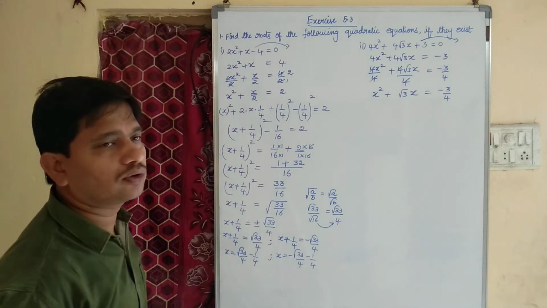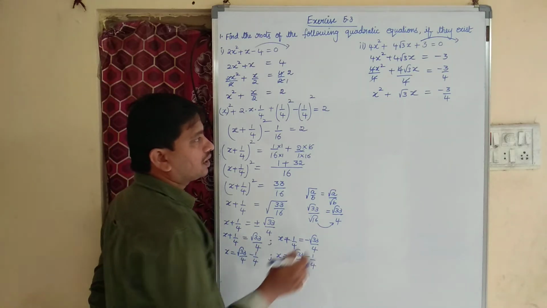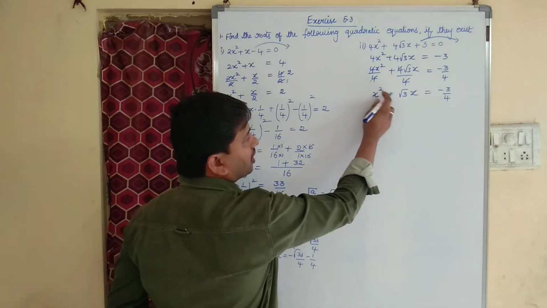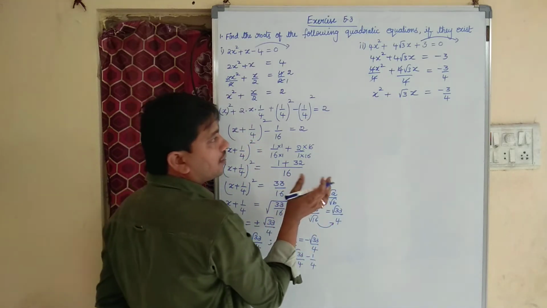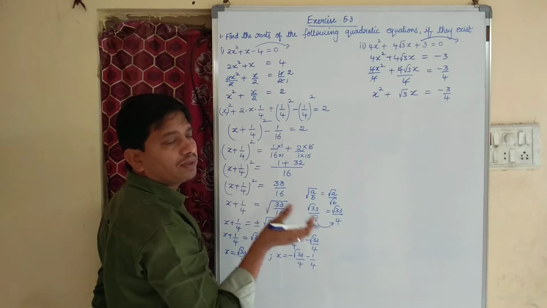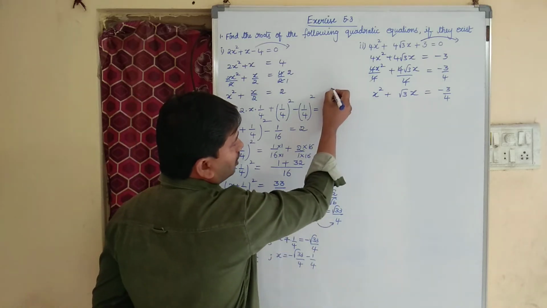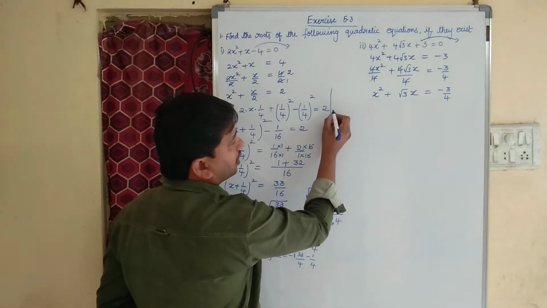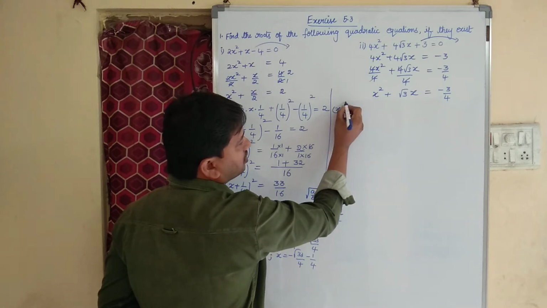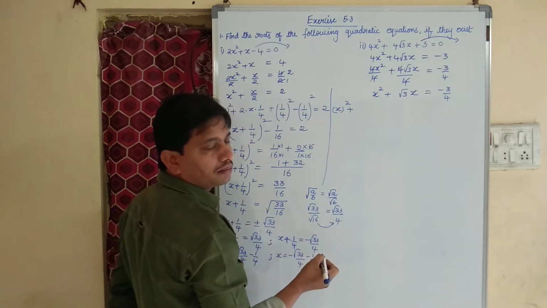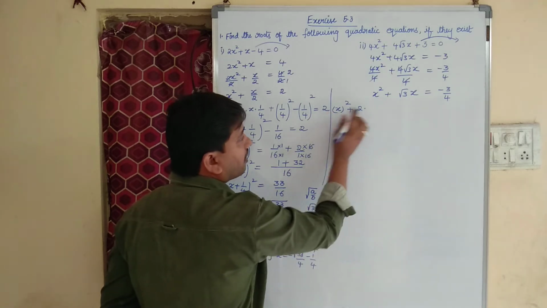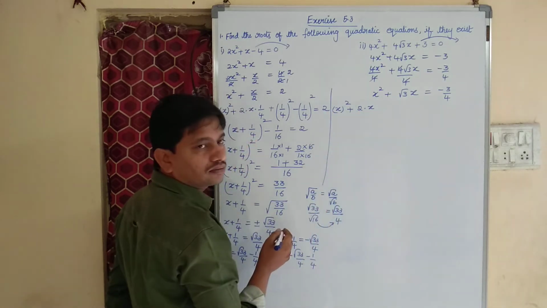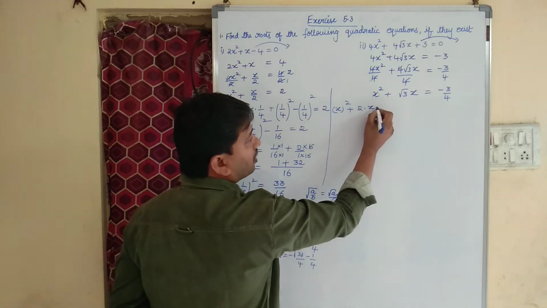Now coming to the second question, children listen carefully, which is also in the form of a² + 2ab only. Let us make it as a² + 2ab. Now x² I can write as x² plus, I must write compulsory 2, and the value of a is x. Then what about the value of b?